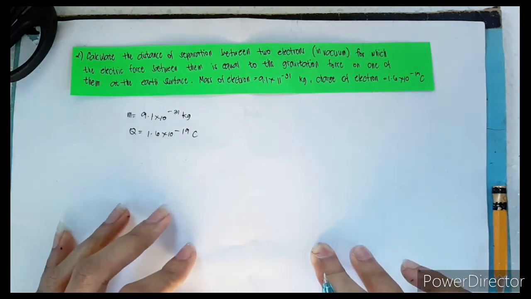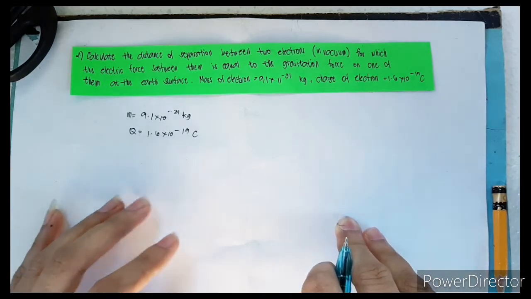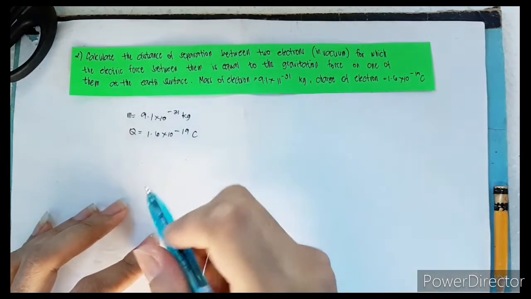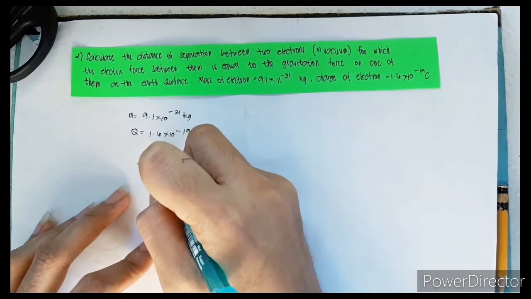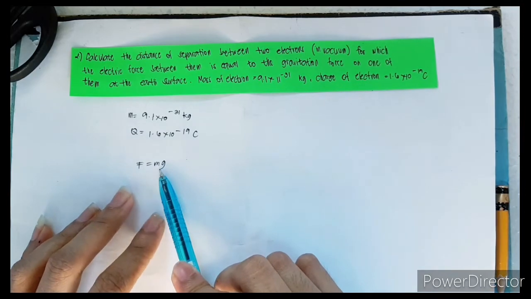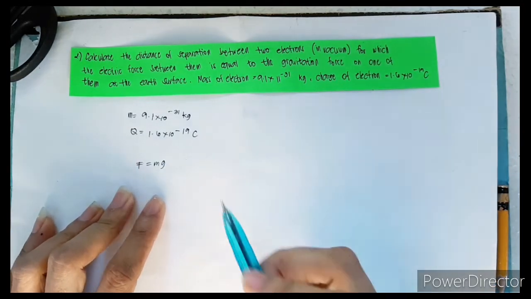So for us to find the gravitational force of the electrons at the Earth's surface, we will be using this formula. It's the formula for the force of gravity, which is F is equal to mg, where g is the acceleration due to gravity and has a constant value of 9.81 meters per second squared.